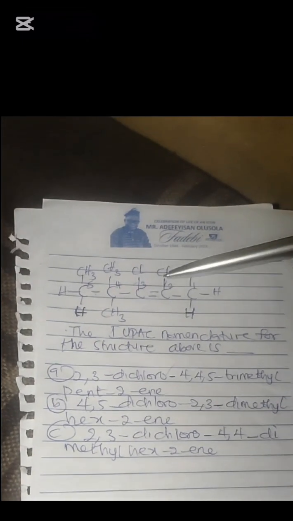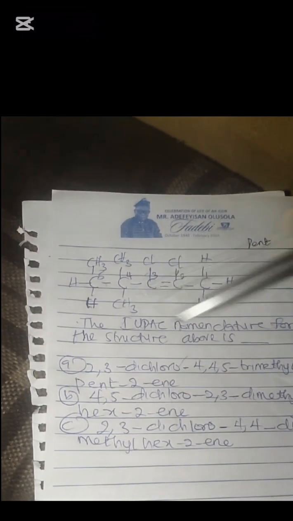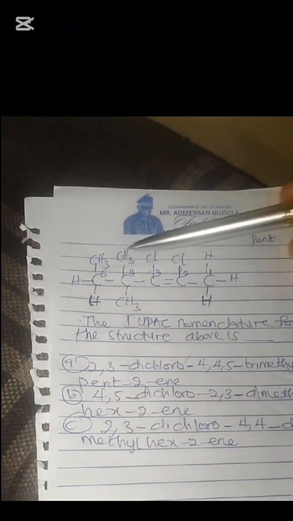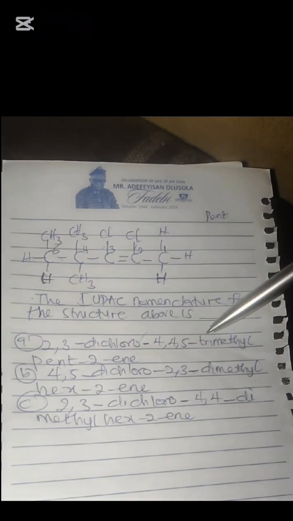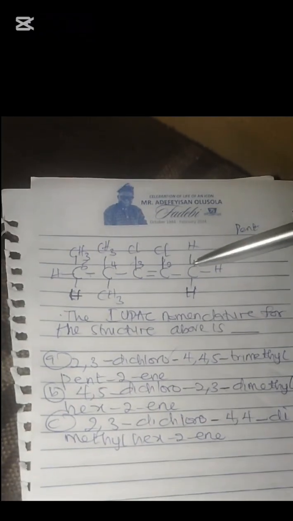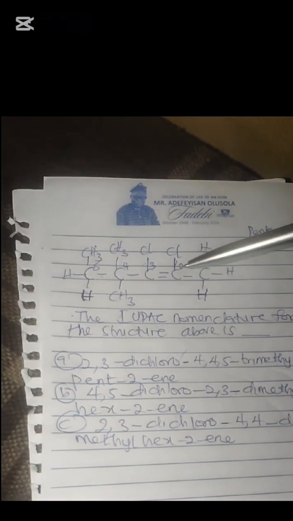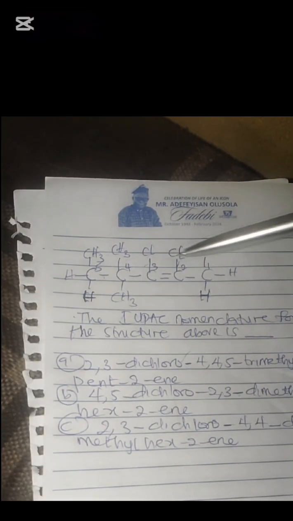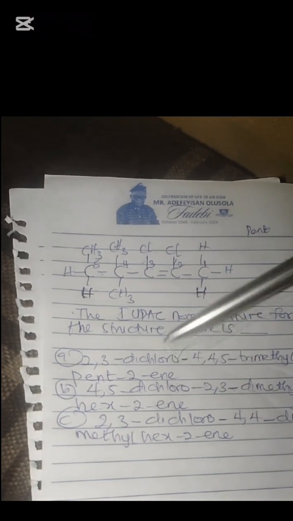So that is 2, 3 dichloro, 4, 4, 5 trimethyl, this is pent, and there's a double bond here. So we're going to pick the carbon with the lowest number to get the parent's name. So this is either 2 or 3. We are picking 2 because 2 is the lowest. So that will be pent 2 ene. Pent 2 ene. So this is our answer.